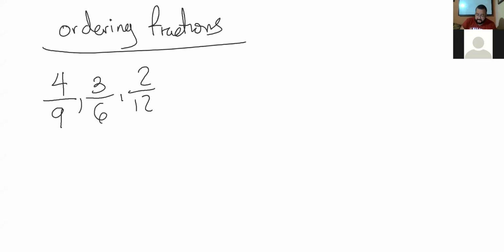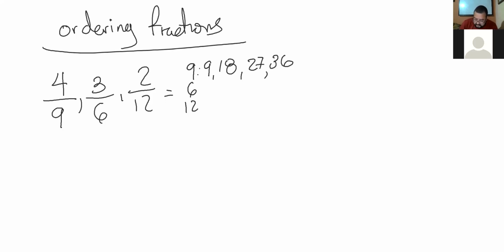Remember, we need to compare, so we need to equal the denominators. So let's put them apart. 9, 6, 12. Multiples of 9 are 9 times 1, 9. 9 times 2, 18. 9 times 3, 27. 9 times 4, 36.